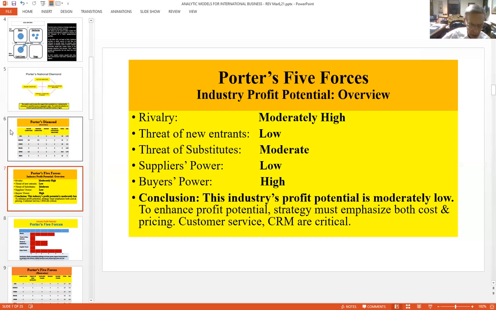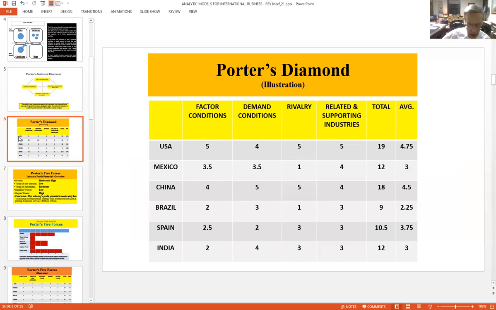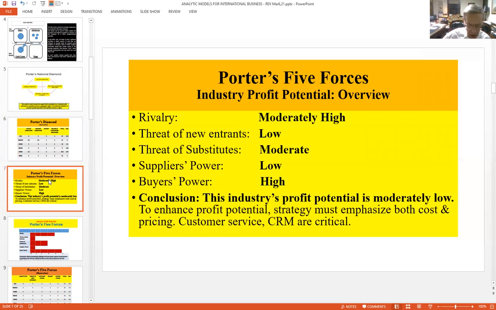When we were talking about the diamond, the higher the score, the more likely the industry was to grow and prosper. We want a high score, but when we're talking about the 5 forces, the higher those forces are, the more pessimistic we are, the less likely the industry's occupants are to be profitable unless they can overcome these forces through their strategy.